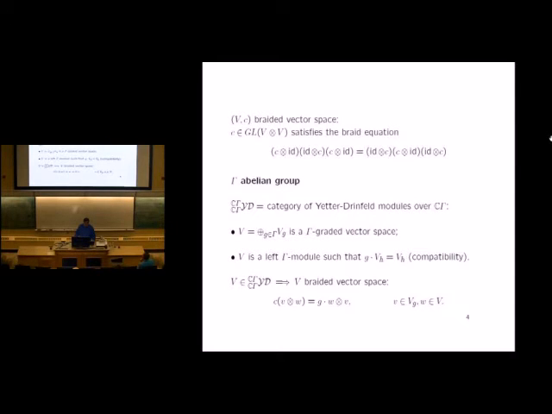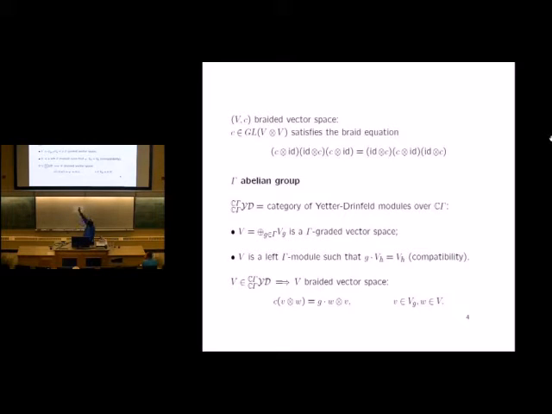And in that case, the definition of Yetter-Drinfeld module is a gamma-graded vector space, which at the same time has a left action in such a way that the grading is a grading of gamma modules. In other words, each homogeneous component is preserved by the action of gamma. And in this case, every Yetter-Drinfeld module has a braiding, so a solution of the braid equation given by this formula.